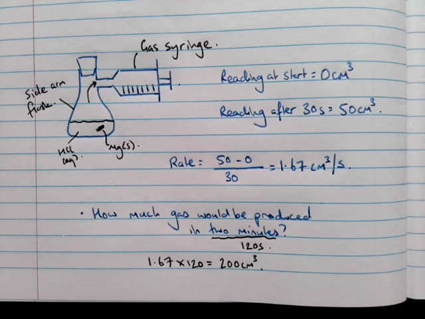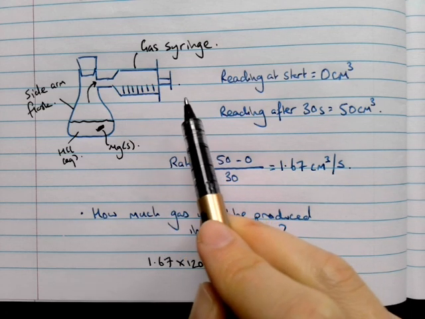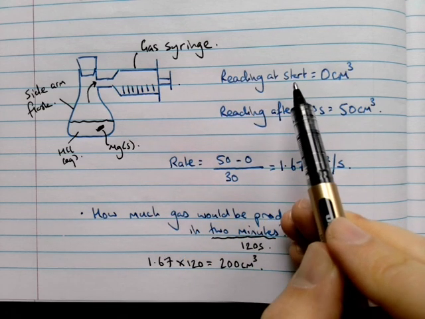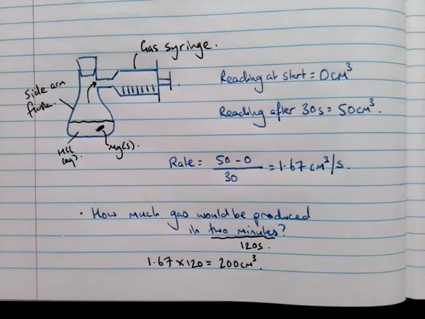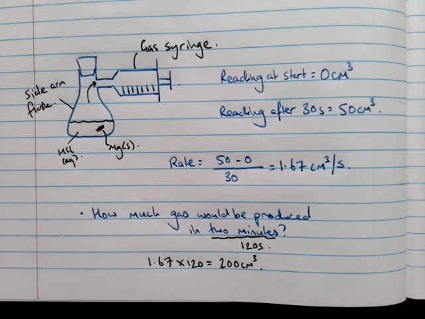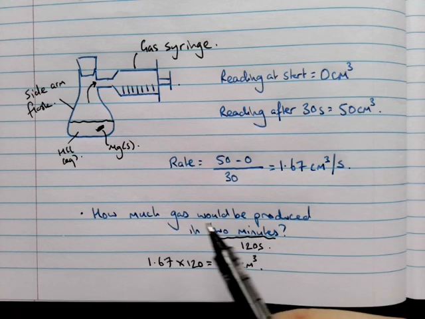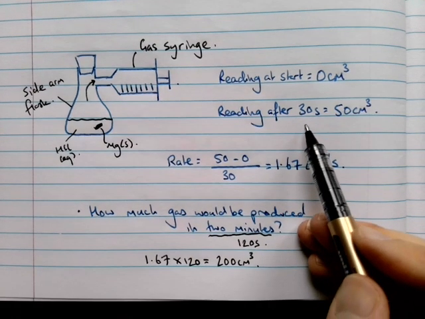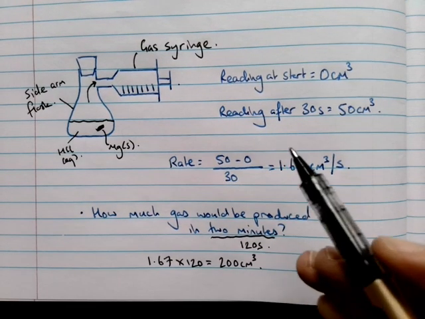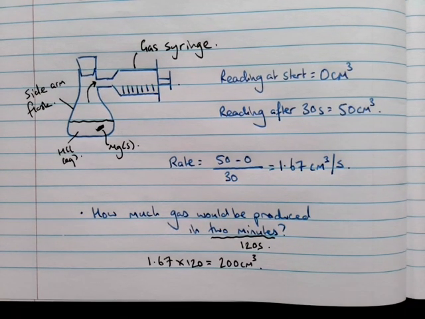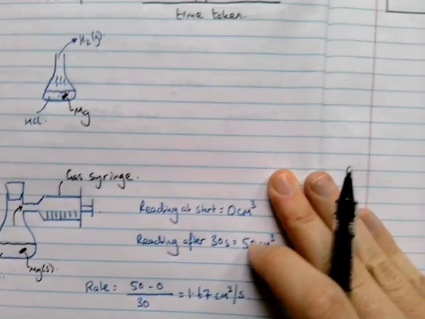Okay, so when we did this reaction, we took the reading at the start at 0 seconds, and then we put the magnesium in, and then we waited 30 seconds and took a new reading, 50 centimeters cubed. Now, when we do this for real, we won't do it like that. What we'll do is we'll take a reading every 10 seconds, let's say. We'll take a reading at 0, then at 10, 20, 30, 40, 50, then at 60. And then we'll plot a graph.